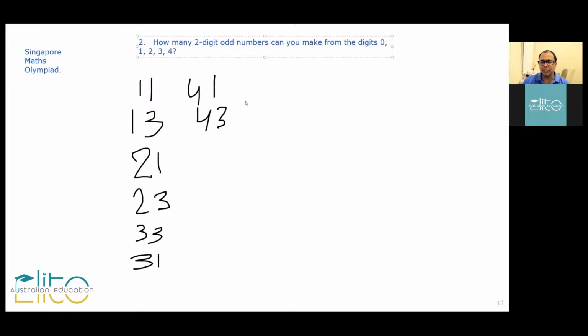Suddenly the complexity increases exponentially. It's very difficult to find all the numbers, especially in a limited time frame. Singapore Maths Olympiad is a little bit different from the Australian one. They have a lot more questions which have to be solved in an hour. So you will get around a minute to solve this question. And this is the slightly simpler form of the actual question.